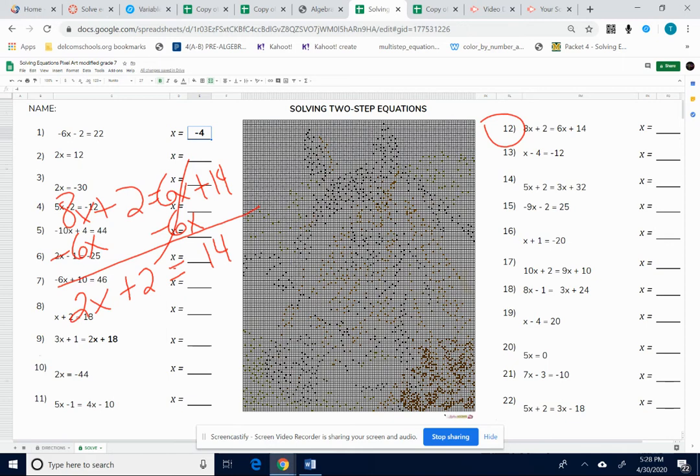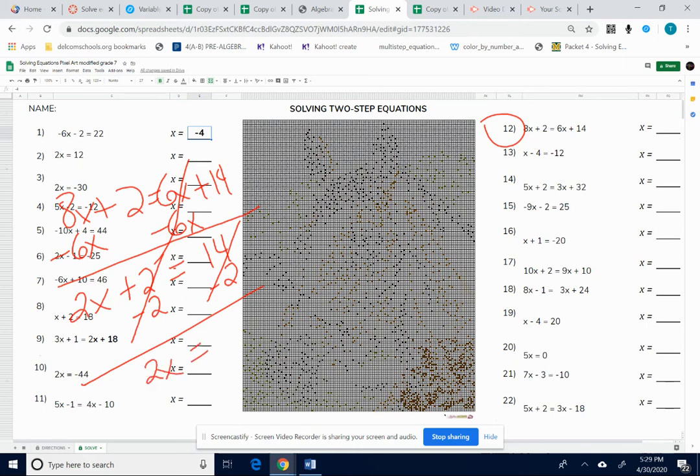Now think about getting the x's alone. We have two x's on the left, and we want them all alone. We want to get rid of the added 2 by subtracting 2 from both sides. I should have had you draw the river; do that if you want to. 2 minus 2 goes away, and you're left with 2x.